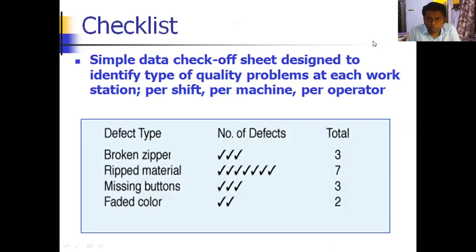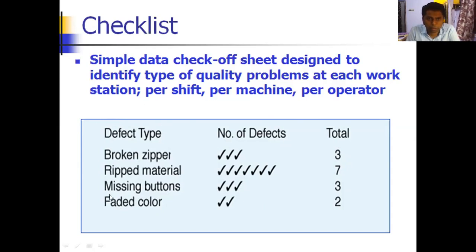Then consider the checklist. What is checklist? Simple data checkoff sheet designed to identify type of quality problems at each workstation, per shift, per machine, or per operator. So in case of checklist, different types of defects are addressed, and how many defects there are, that is also shown: first you give the tick marks and then you mention the numbers.